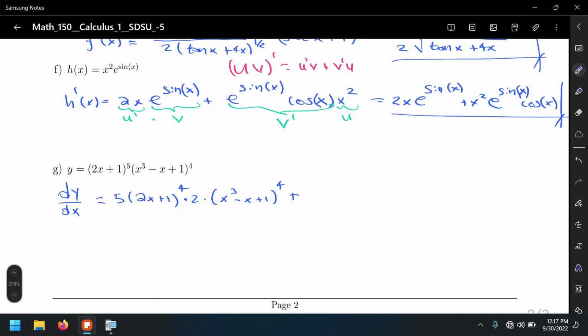In this case, we're going to do another chain rule. That's something to the 4th, so a 4 times the something to the 4 minus 1, which is 3, subtract 1 from the exponent, keep the inside the same, but multiply by the derivative of the inside. And what's the derivative of the inside? 3x squared minus 1.